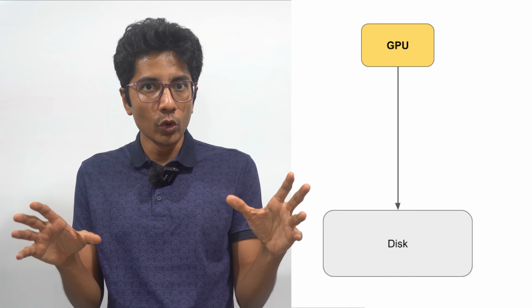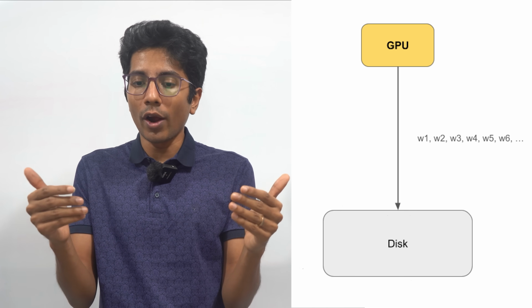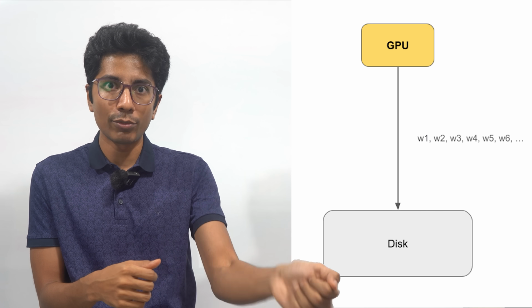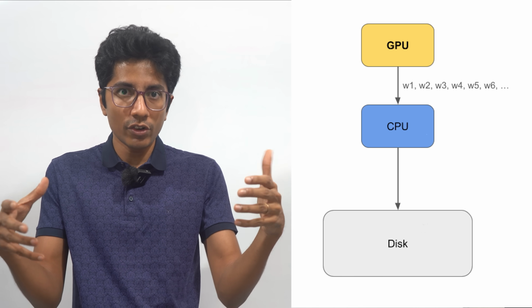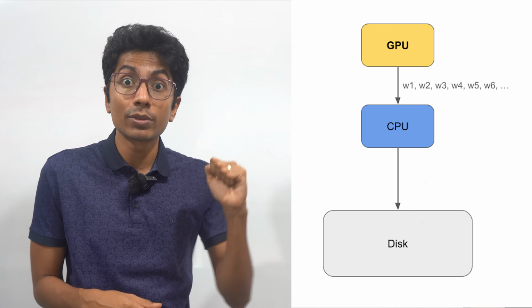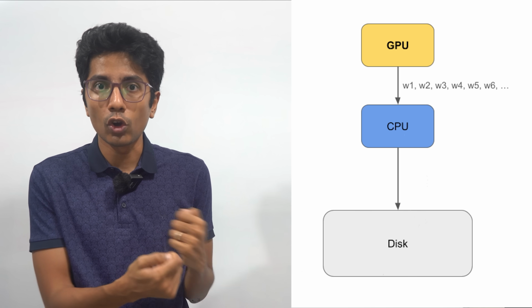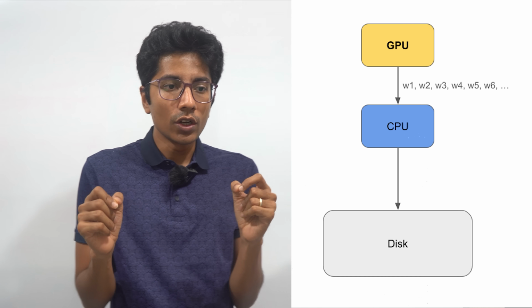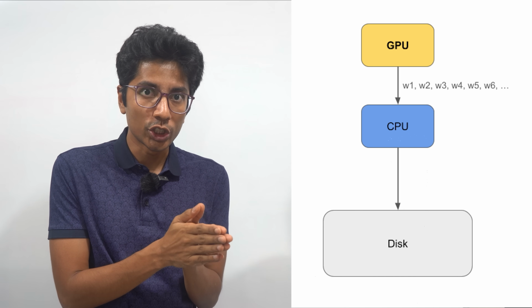And the second thing you want to do with this model is avoid fetching the weights, the parameters of this model, from disk from time to time. In fact, because these models are being trained on a GPU, you don't even want the weights to be fetched from the CPU, because that is like an IO call. What can you do here? One thing you can do is try to use the GPU cache efficiently.